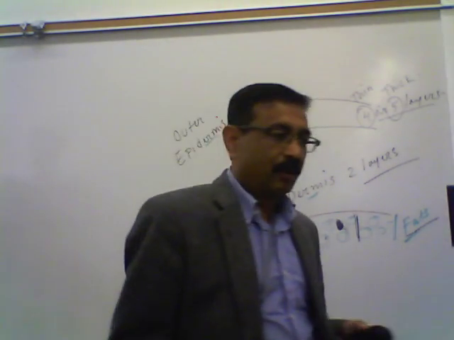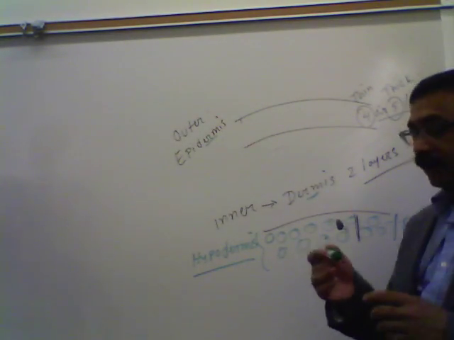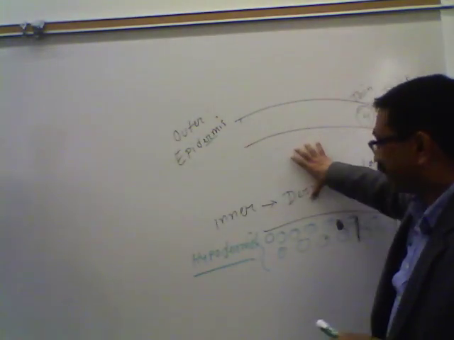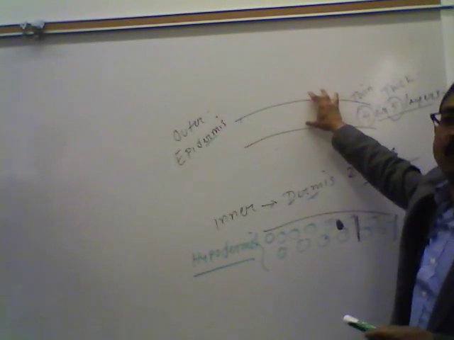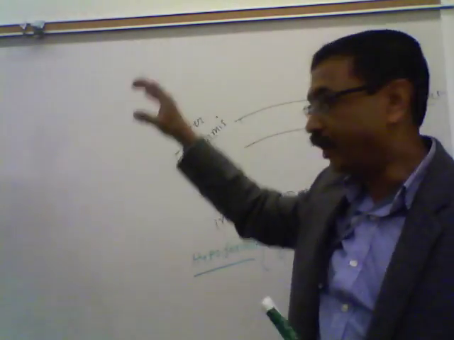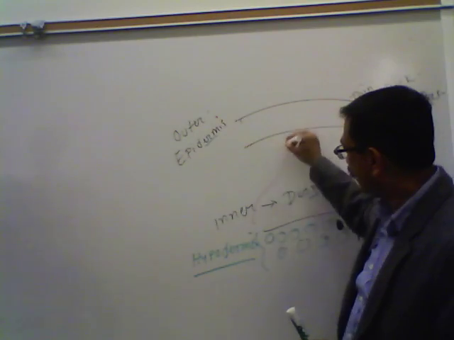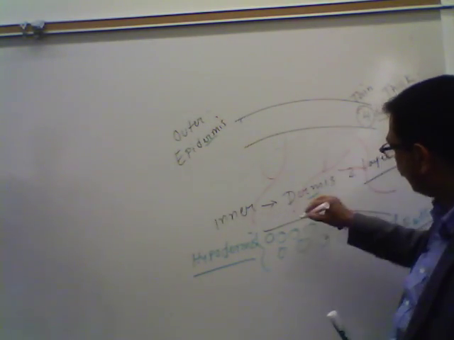Now, skin has blood vessels only in the dermis, in this inner layer. Epidermis is avascular, no blood vessels in the epidermis. So the blood vessels of the skin are only present in the inner layer, dermis.